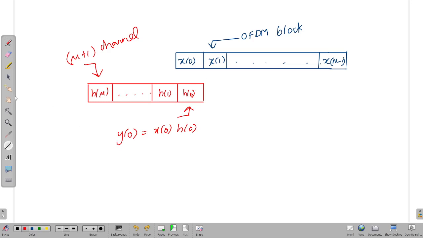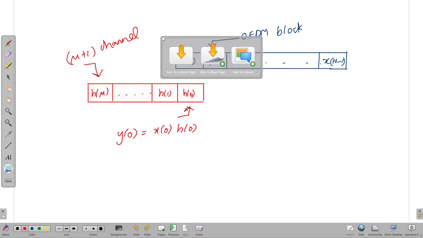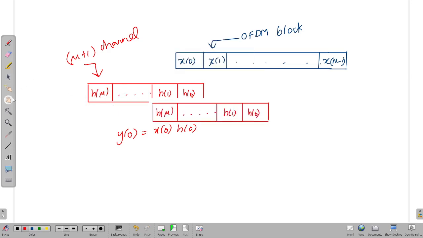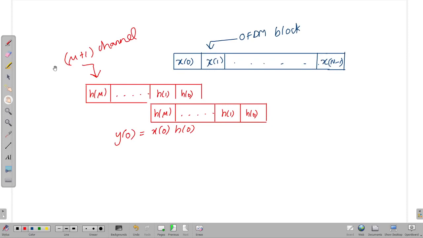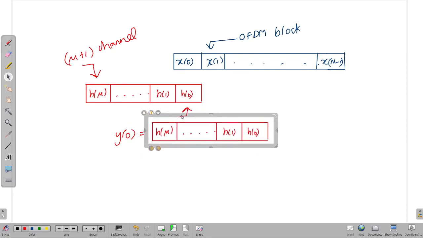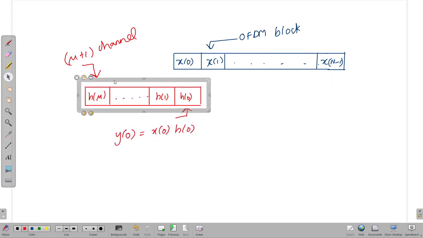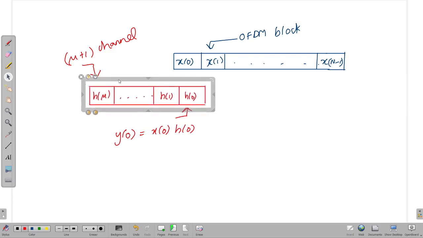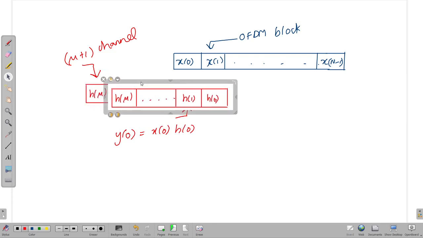Let me copy the block. Initially it is here. For y of 1, that is the next time instant, it moves here.